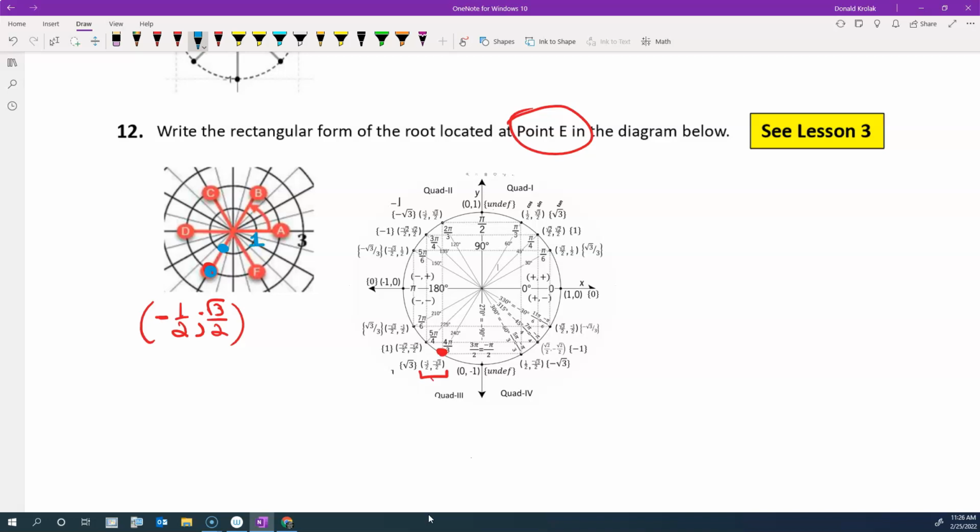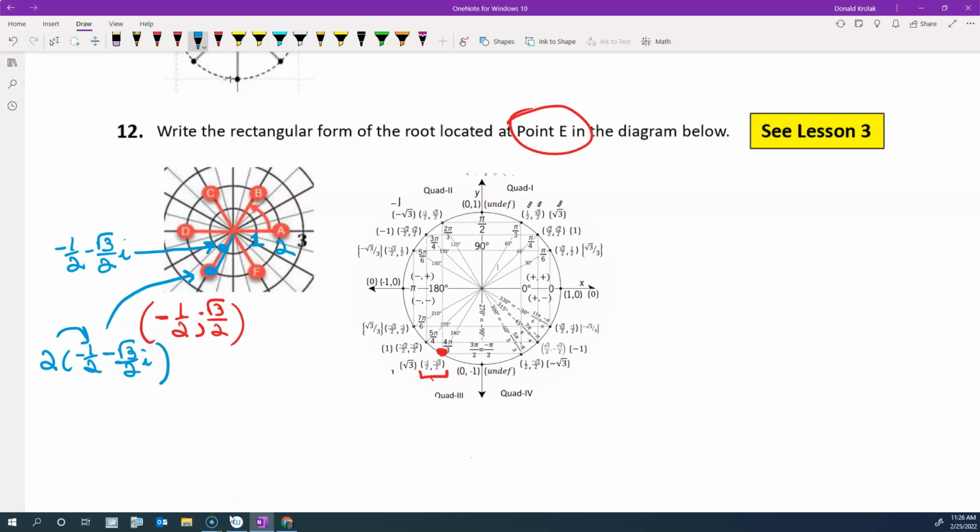Now, that point actually is right here, because that's on the unit circle. So to get the point that is at E, I'm going to multiply it by 2, because this is on the circle that's 2, not 1. So this point right there is actually negative 1/2 minus root 3 over 2i, and the one that I want now is going to be 2 times negative 1/2 minus root 3 over 2i.